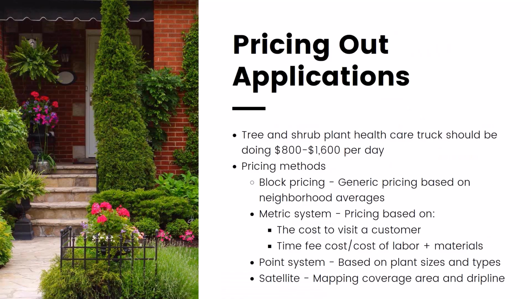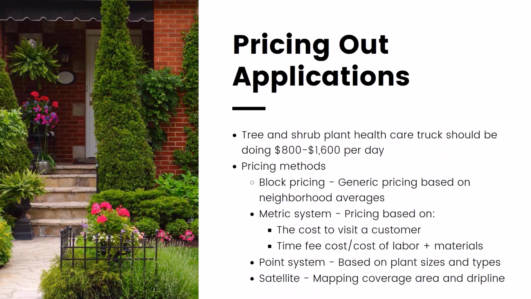If you don't want to physically go out there, you can do something like block pricing, where you price out generically what each property is going to be within a neighborhood. You can do a point system that's based on plant sizes and types. You can do satellite mapping.